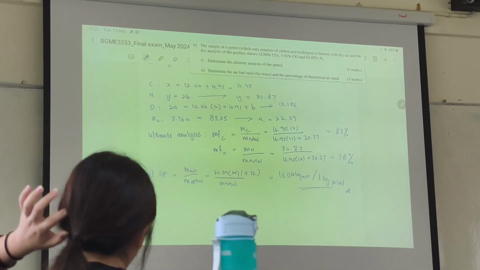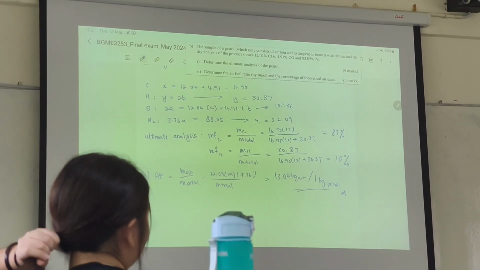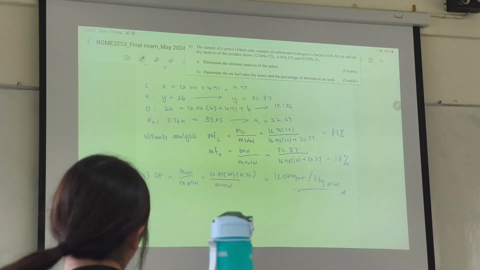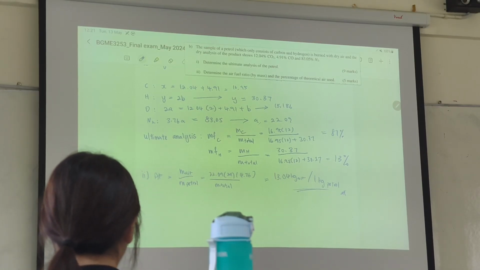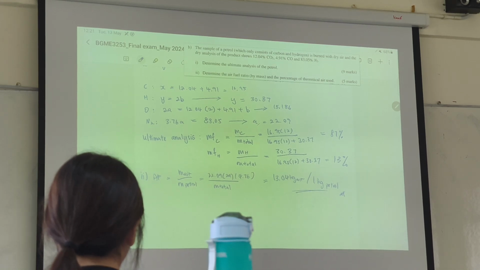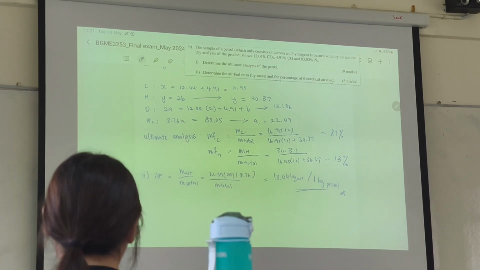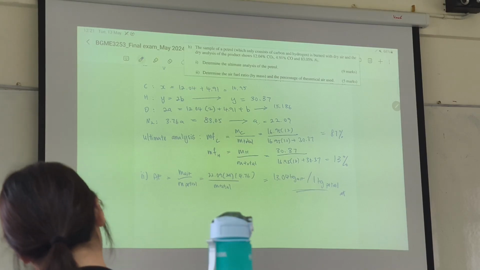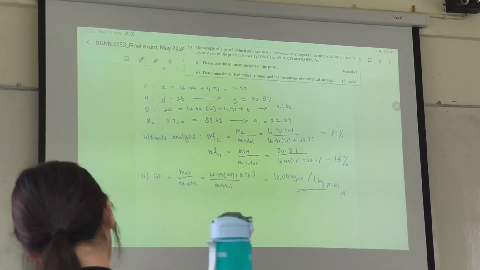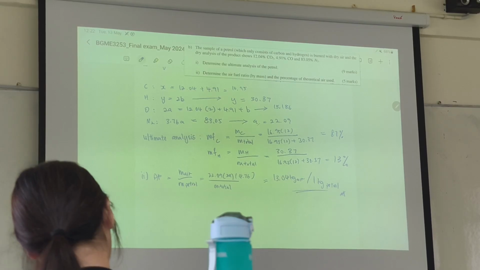Let's say if I tell you you have 200% theoretical air. Or rather, you have 100% excess air. What is that 100%? What is that 200%? You cannot find them if you don't find stoichiometric. Stoichiometric is the 100%. It's the original amount. Meaning, you need to find the stoichiometric amount.